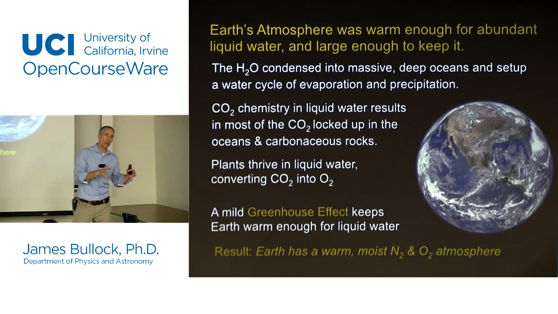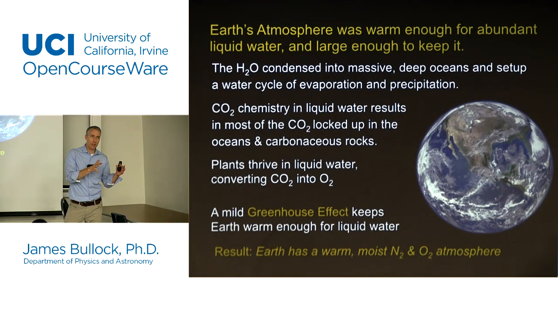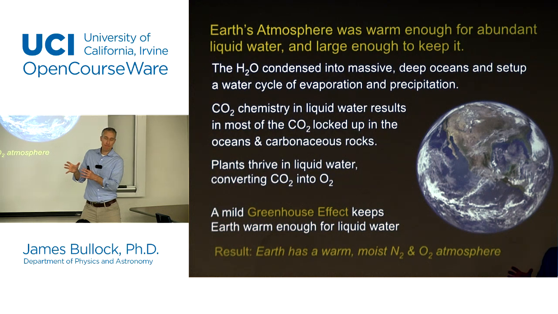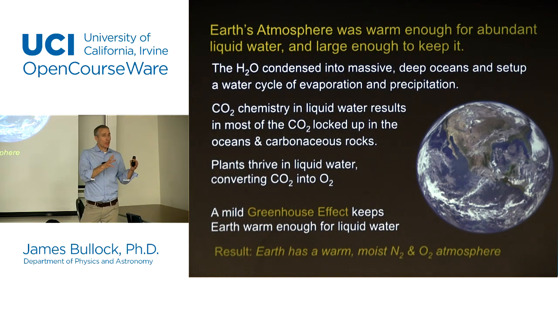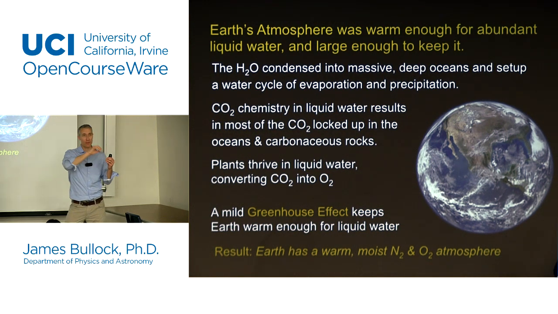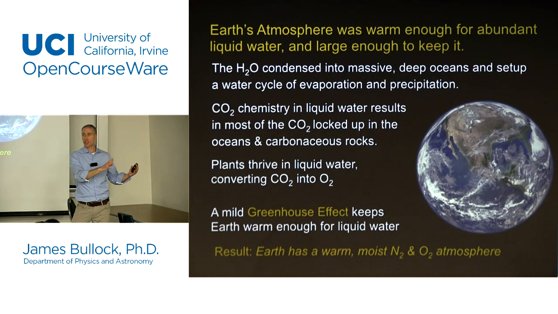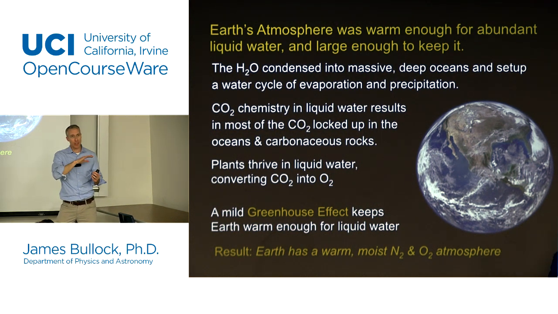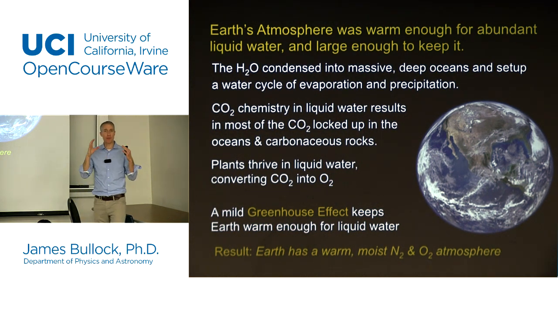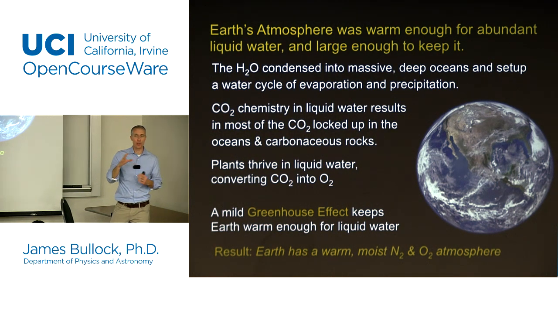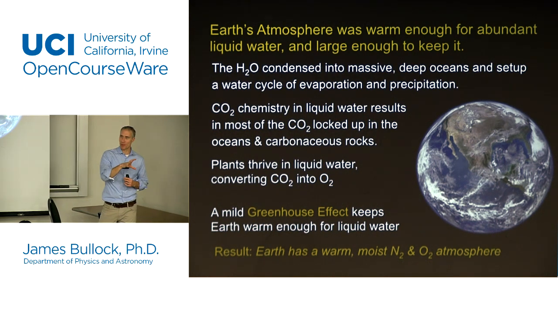We think that the early Earth probably had a lot more carbon dioxide in its atmosphere than the Earth does today. And that was important because the sun was not putting out quite as much energy per unit time early on. The sun has changed over the last billions of years, and now it's a little bit brighter. So billions of years ago, the sun was fainter, spitting out less energy, but our atmosphere had more carbon dioxide in it, and so even in that past period we had liquid water.